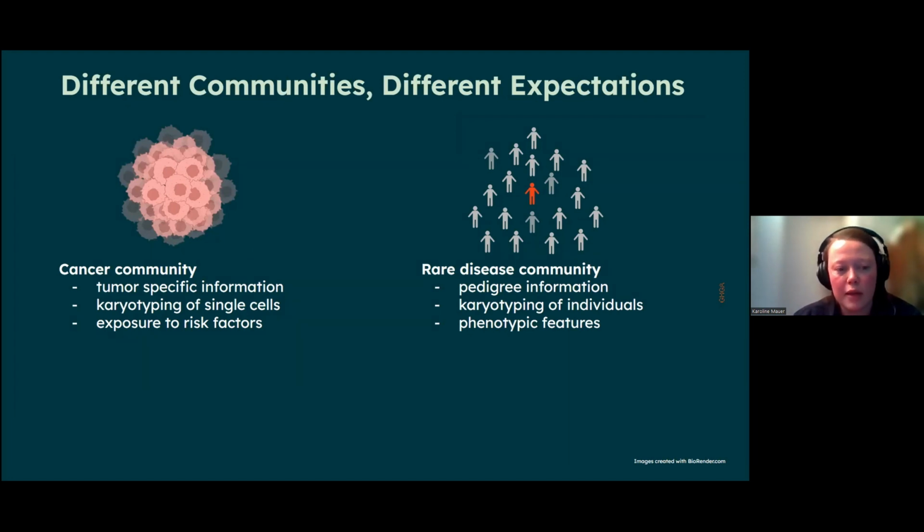Our fourth trade-off is that we have different communities with different expectations. For example, the cancer community might need tumor-specific information, for example, the staging of the tumor and also the karyotyping of single cells. And in addition, the detailed exposure to risk factors. For the rare disease community, on the other side, they need pedigree information because they mainly deal with diseases that occur within the family.